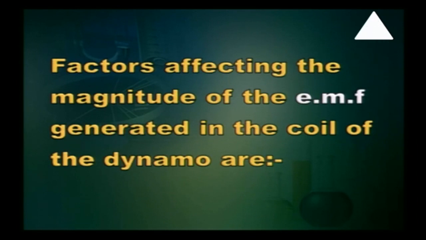And now, talking about factors affecting the magnitude of the EMF generated in the coil of the dynamo. If we want to increase the magnitude of the EMF induced in the coil, what to do? The factors affecting the magnitude of the EMF: first of all, the number of turns.